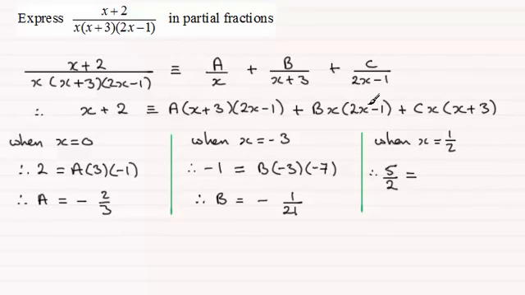This bracket will be 0, so all of this term will go out. And then we're just left with C times x, x being a half, multiplied with a half plus 3, 3.5, or better still, 7 over 2.